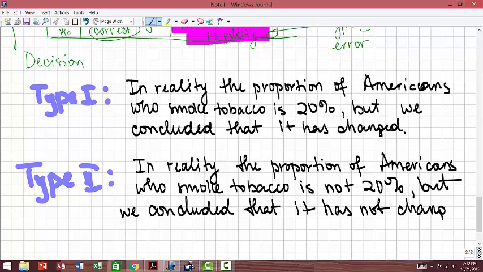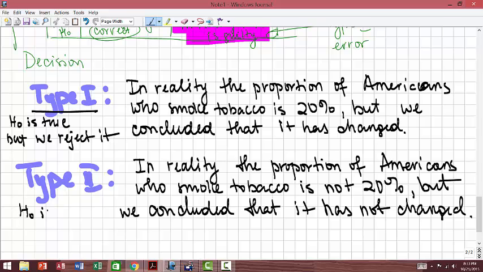Okay? So your type 1 and 2 error will really depend on how you set up the null and alternative hypothesis. Again, type 1, what is it? When H not is true, but we reject it. Okay? That's your type 1 error. What about type 2?